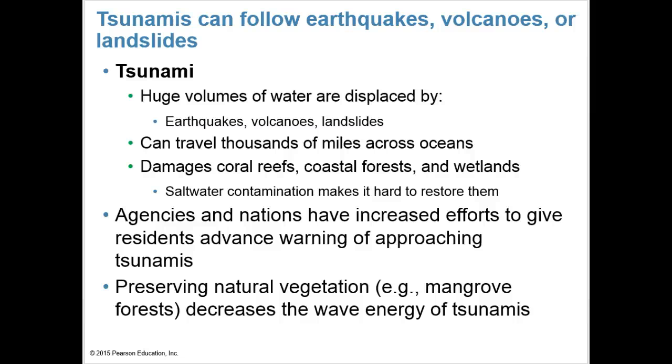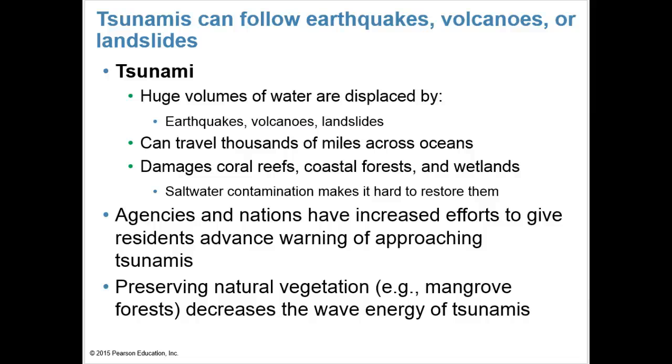Tsunamis can follow earthquakes and volcanoes and landslides. A tsunami is a huge volume of water that is displaced by earthquakes, volcanoes, and landslides and can travel thousands of miles across oceans. They can not only damage our own crust on the continents, but damage coral reefs within oceans.